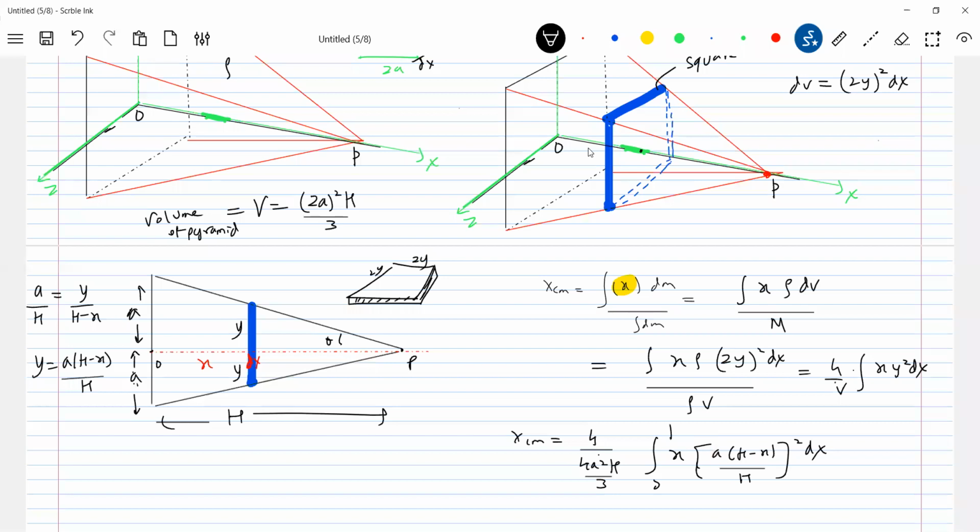So this should be 0 to h. Solve it, no? So we'll get around h by 4. The total answer will be, I'll write it, do the calculation later on. You have to expand this and substitute the limit.